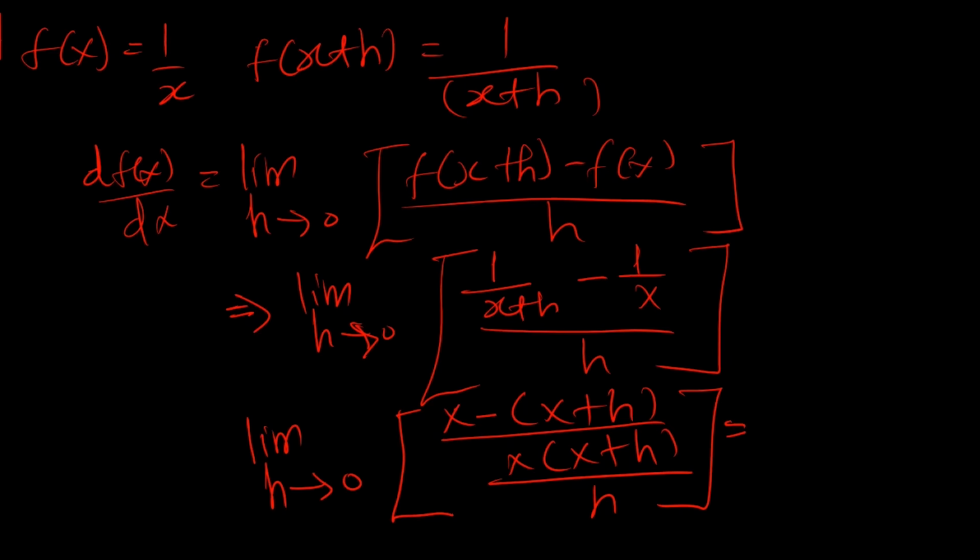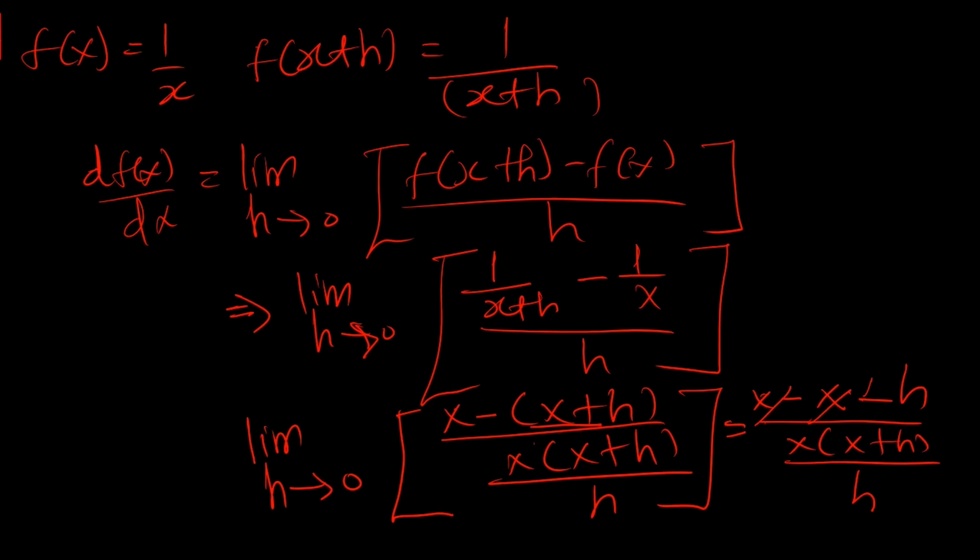So we have our x minus x, we are expanding this: x minus x minus h all over x into (x plus h), all over h. This will take care of this. Then we get negative h over x multiplying the expression x plus h, all over h.